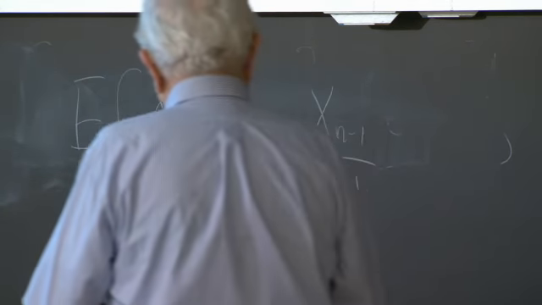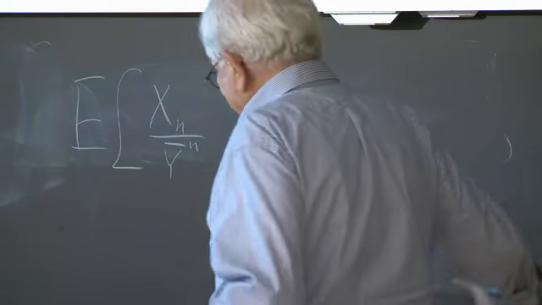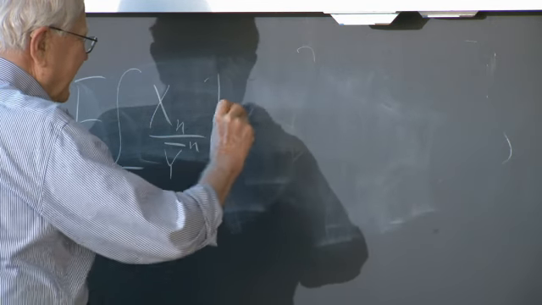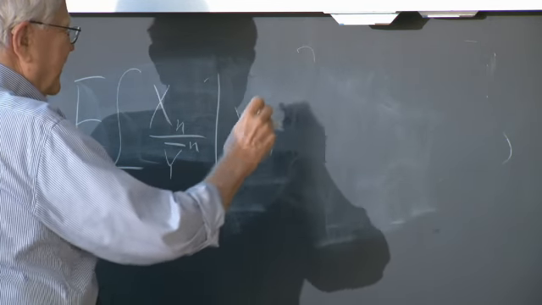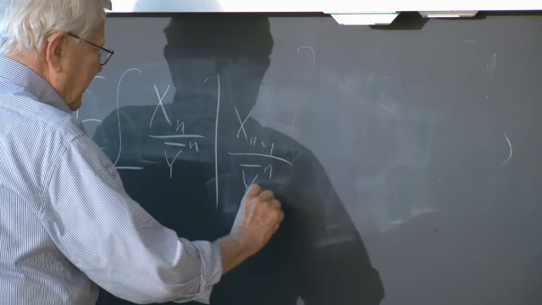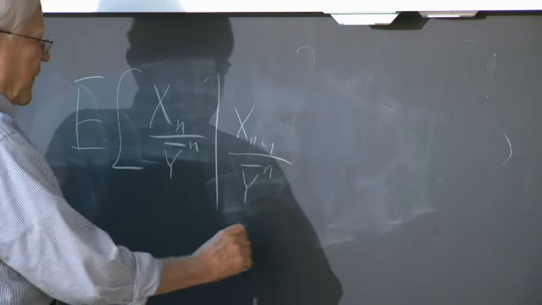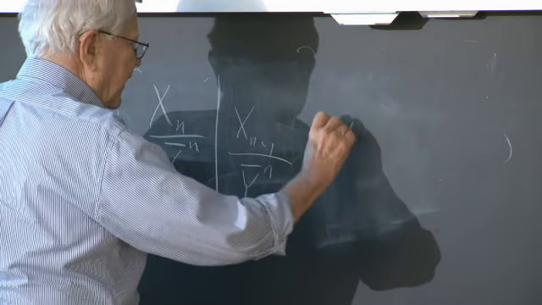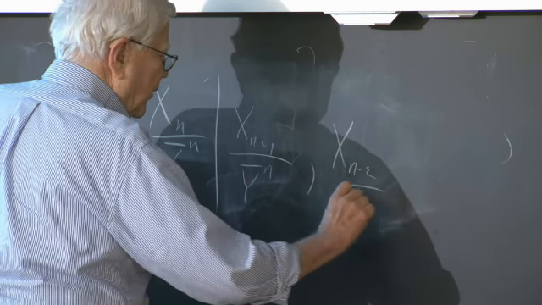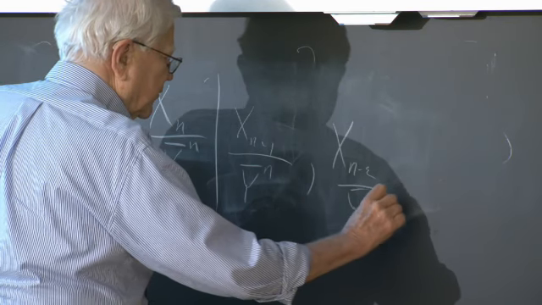Yes, okay, that would help, wouldn't it? Yes, thank you. Given X n minus 1 divided by Y bar to the n minus 1, and X n minus 2 over Y bar to the n minus 2.